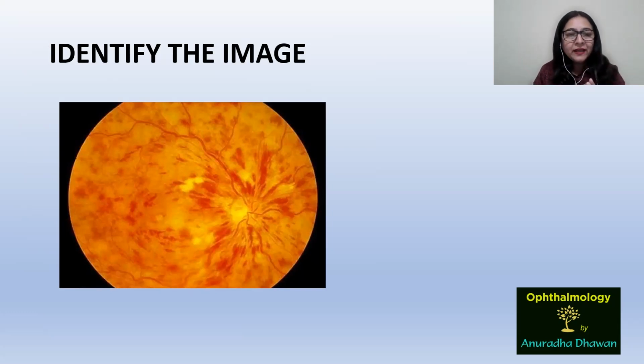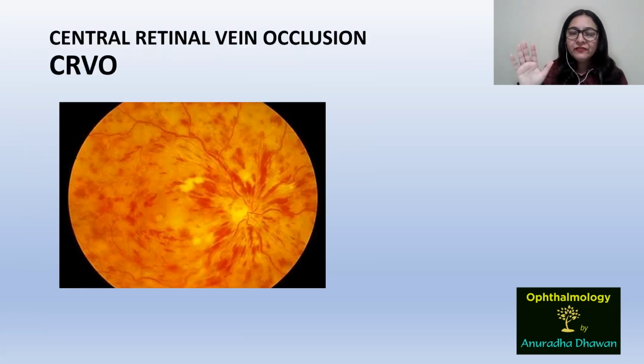They are dot and blot hemorrhages also. We can notice yellowish lesions over here, which are representing cotton wool spots. If we notice the macular area, it is not clear because of edema. Now, this typical appearance in which the whole of the surface of the retina is splattered with the hemorrhages is known as tomato splash appearance of the fundus, which is seen in the cases of central retinal vein occlusion, or CRVO.